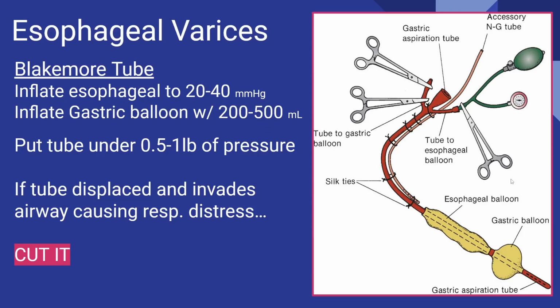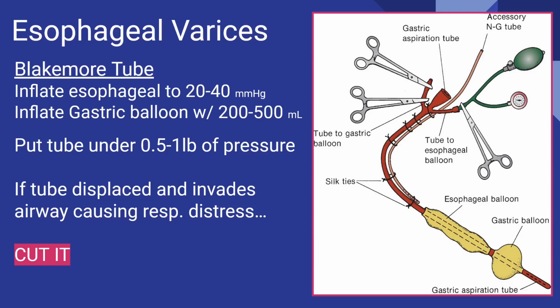And what we'll do is inflate this esophageal balloon, this long balloon, along the esophagus to kind of clamp off those varices that have burst. And then we'll inflate this gastric balloon so that it can't be pulled out. And so it applies pressure as well to the bottom of those esophageal varices.